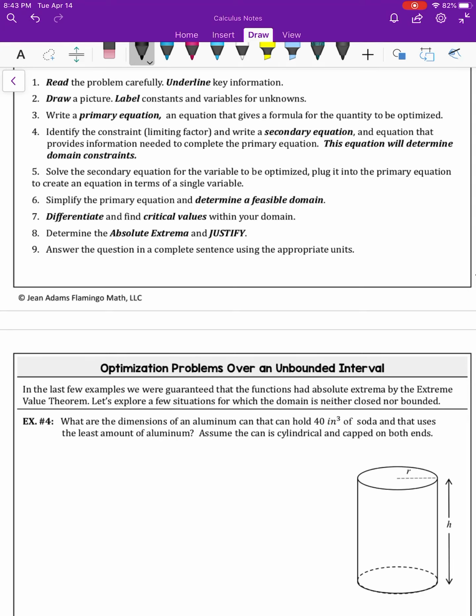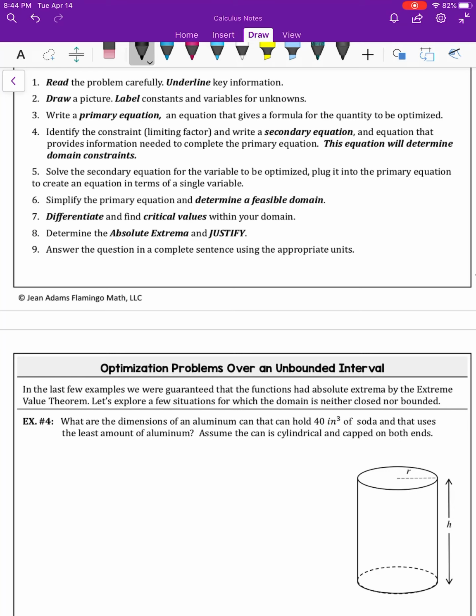Number 5, solve the secondary equation for the variable to be optimized. Plug it into the primary equation to create an equation in terms of a single variable. We didn't want x and y on some of those, so we went ahead and solved our constraint equation for y and substituted so that we were taking the derivative with respect to x only.